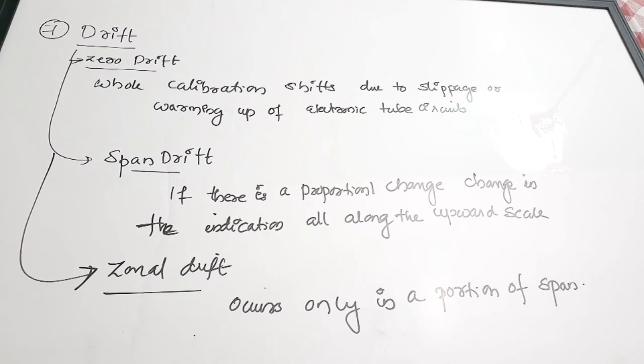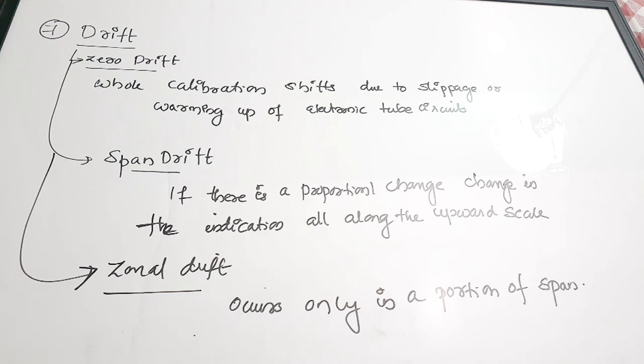The second one is span drift, which is a proportional change. When you are making a reading, you can see a proportional variation. That is, you are expecting some values, but you are getting values different from the true value, and the changes you see in the measurement are proportional.